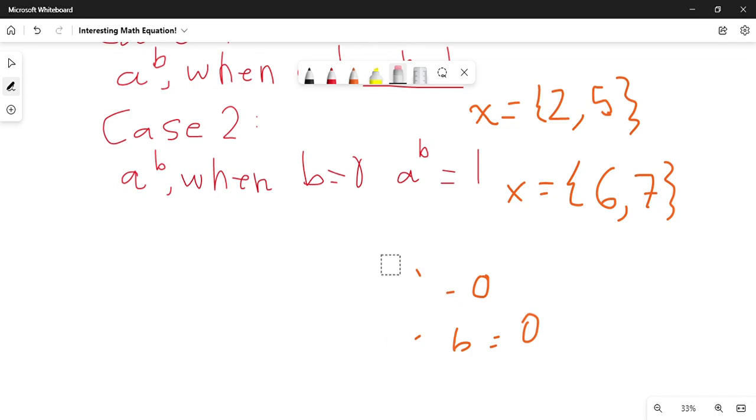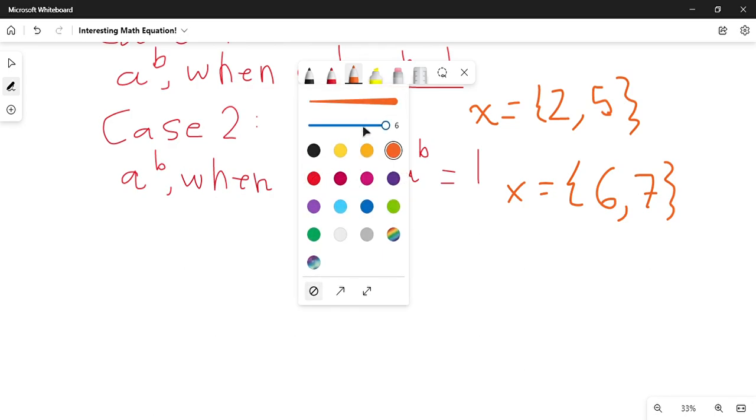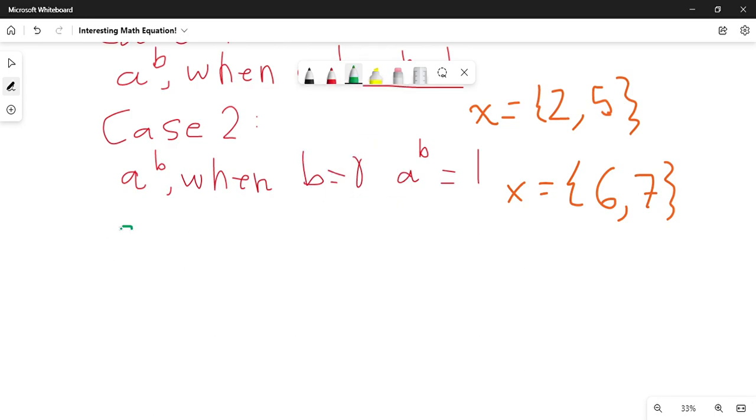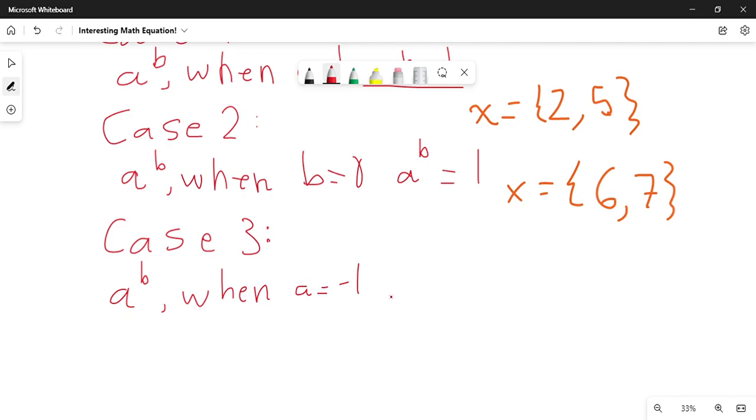The last case is case 3. Case 3 has a to the b power when a is equal to -1 and b is even.